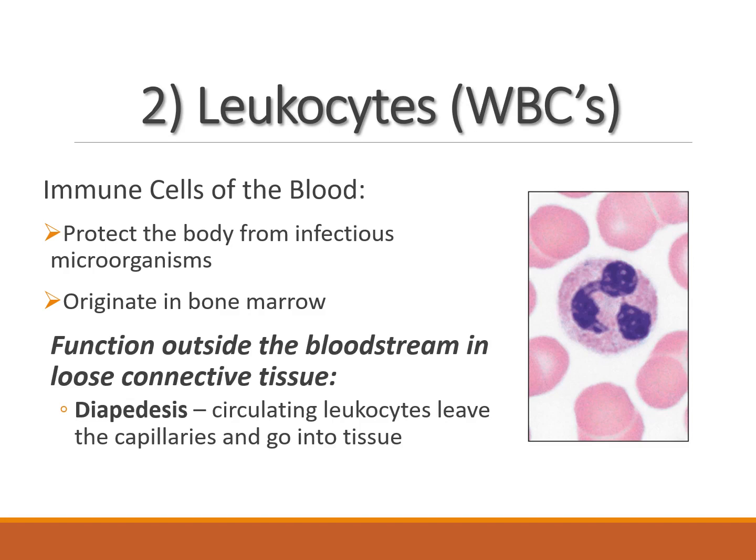So they start in the bone marrow, they end up in the bloodstream, they circulate around the body in the bloodstream, but then they leave the blood vessel and go out into the tissues. So they function outside the bloodstream in the connective tissue, to attack any sort of pathogen.